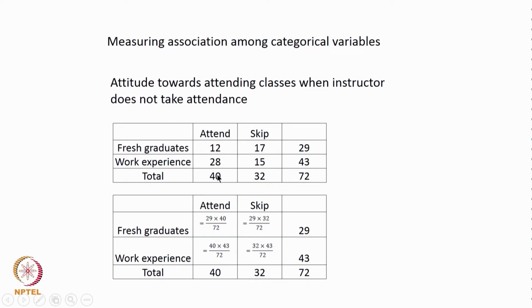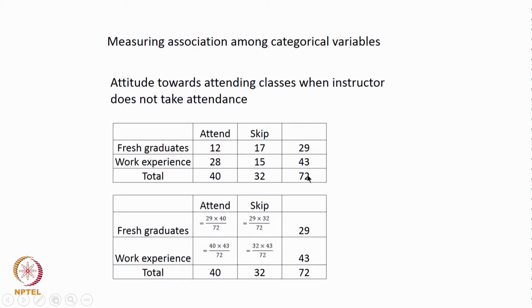Now, we say if 40 students out of 72 attend in the class, proportionately how many of the 29 fresh graduates attend the class. So, that number is 40 by 72 into 29, which is written here. Similarly, if 40 out of 72 attend the class, how many out of the 43 with work experience attend the class, and that is given by 40 by 72 into 43.